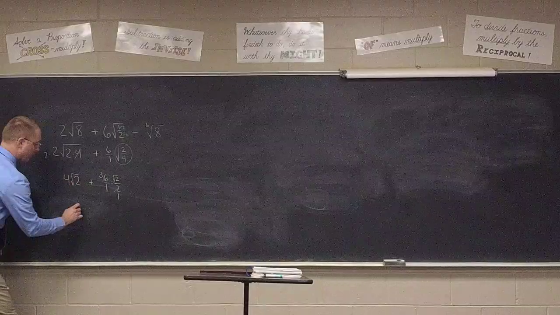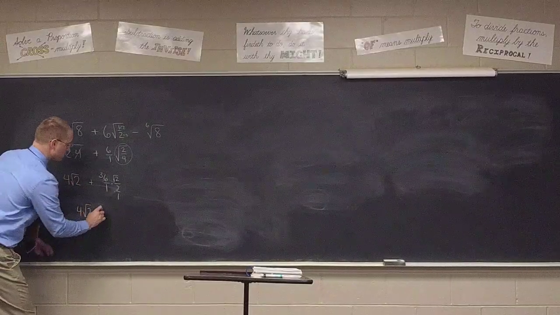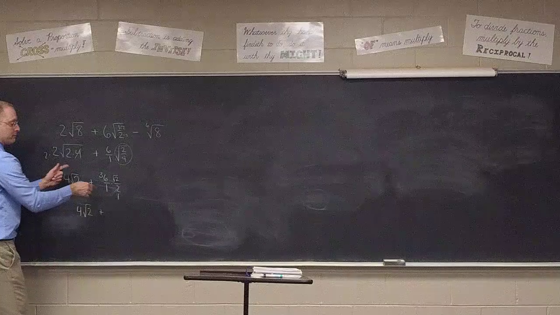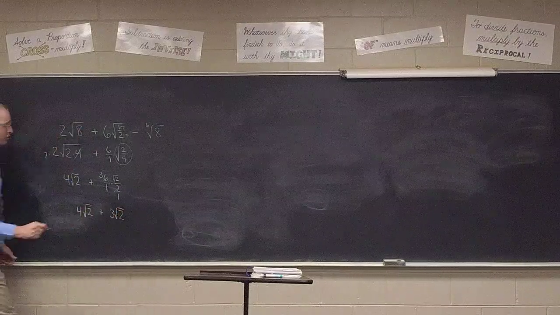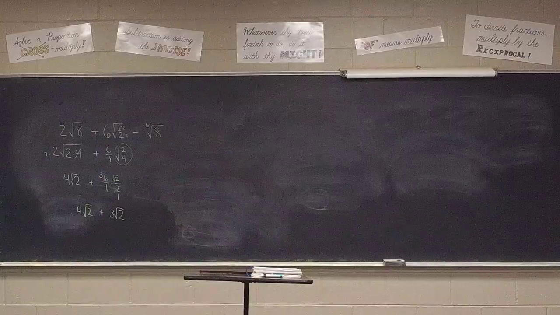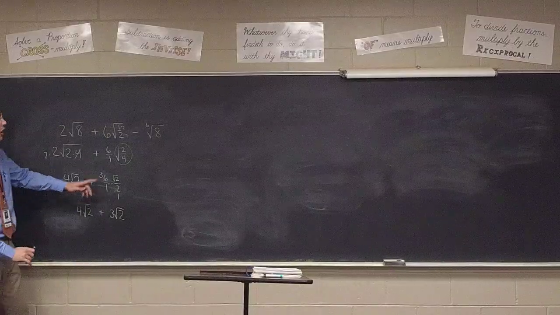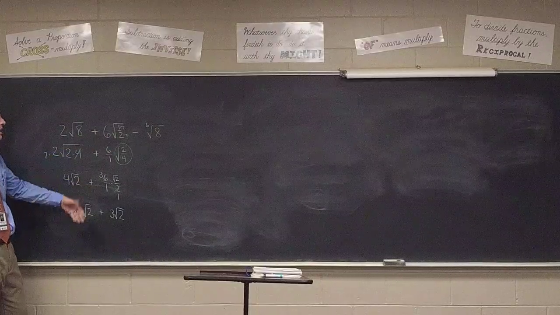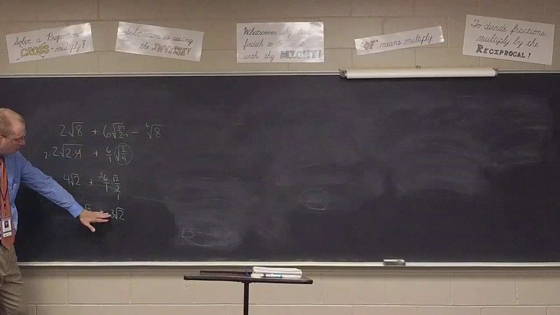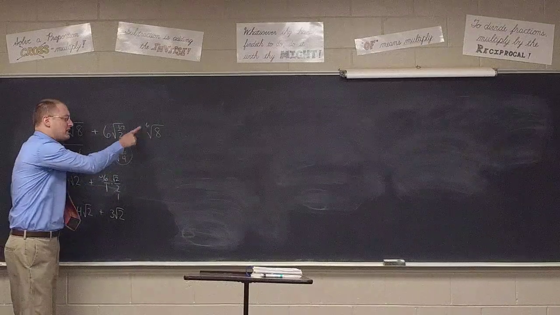I don't really care about that. So I'm going to write this as 4 times the square root of 2 plus, this essentially becomes, class, 3 times the square root of 2. Now be careful. Don't fall for the trap of saying, oh, let's just take half of 6. No, that's not how it works. There's a progression here, okay? But if you'll follow the steps through, there we go. That worked out well.